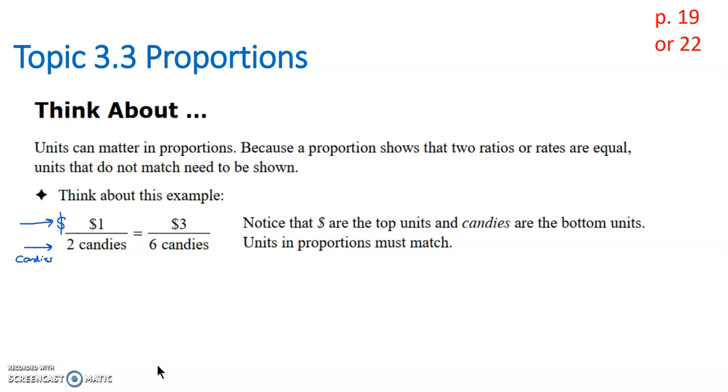Proportions are always set up this way. The units always must match. So if you're going to have dollars in the top of your proportion, it has to be consistent on both sides of the equal sign. And the same thing goes with the candies. The units in the proportions must match. And that is going to be very, very helpful for us later when we're going to solve proportions.